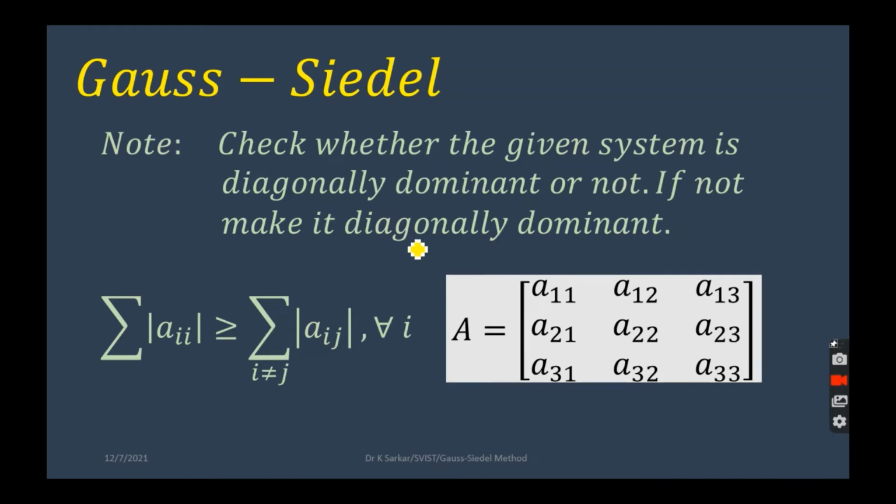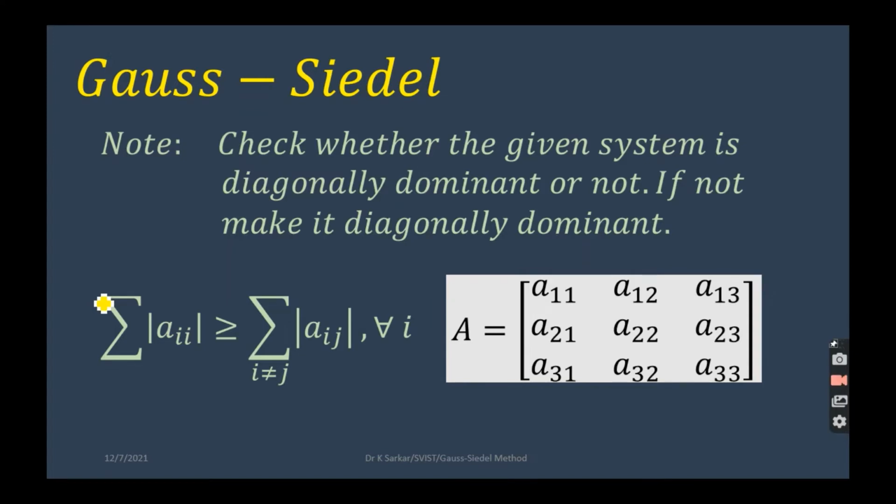If not, you have to make it diagonally dominant. What is the diagonally dominant property? For the coefficient matrix A, the diagonally dominant property is: mod Aii is greater than or equal to the sum over i not equal to j of mod Aij, for all i.